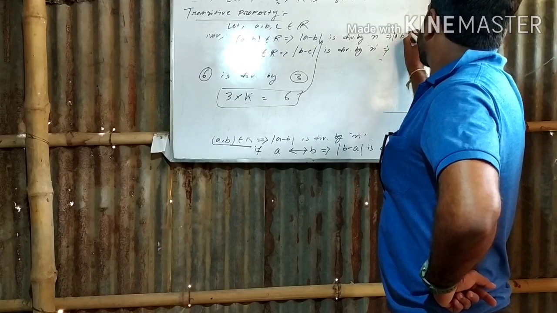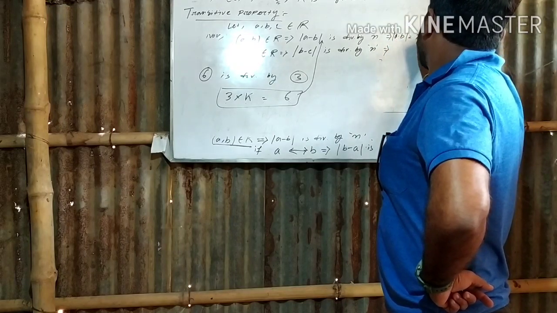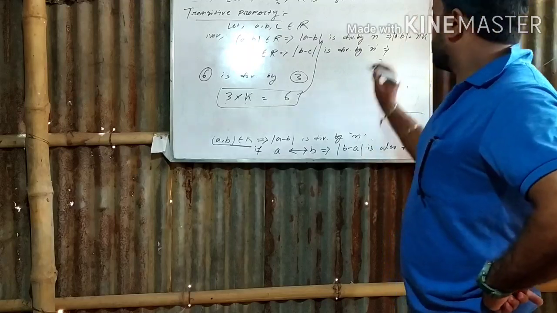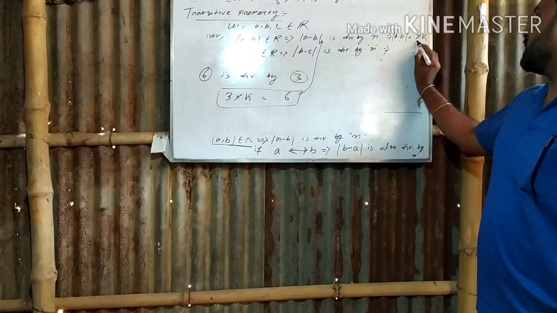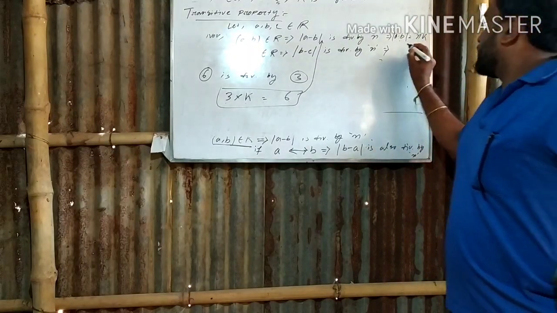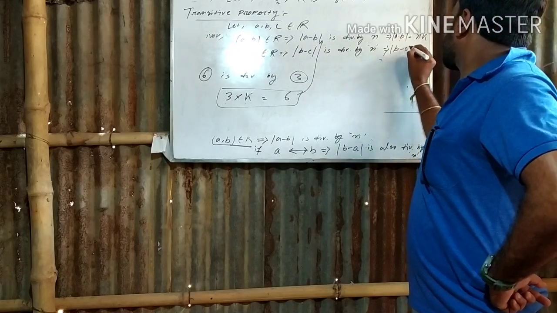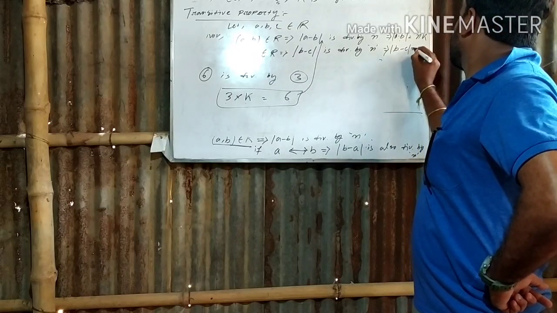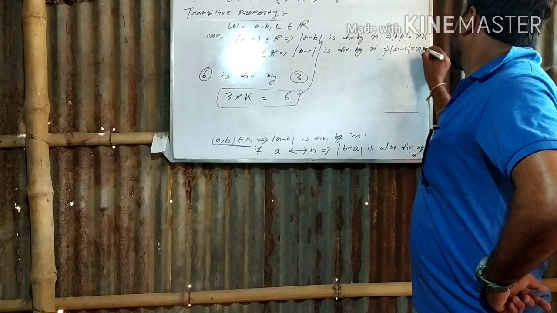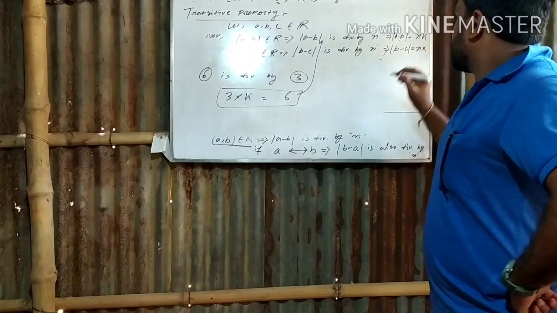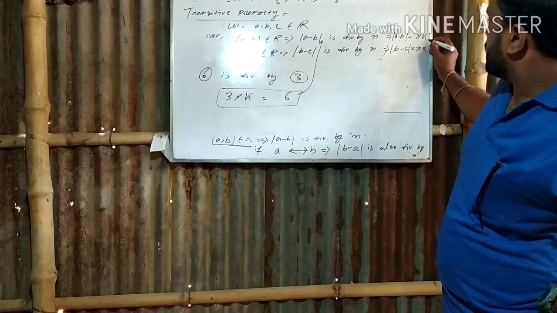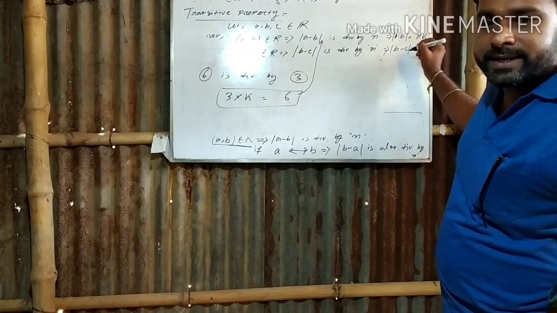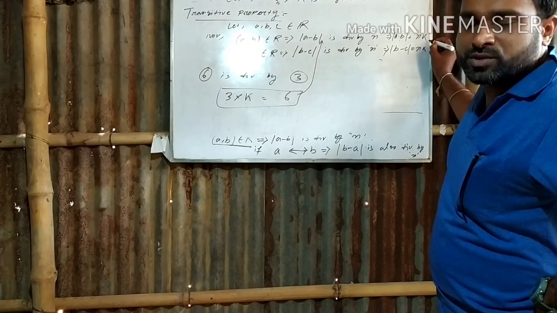Mod of a minus b equals n k, just like 6 equals 3 into k. Here also mod of b minus c equals n into k. So here you can see for both the identities we are using the same constant k.